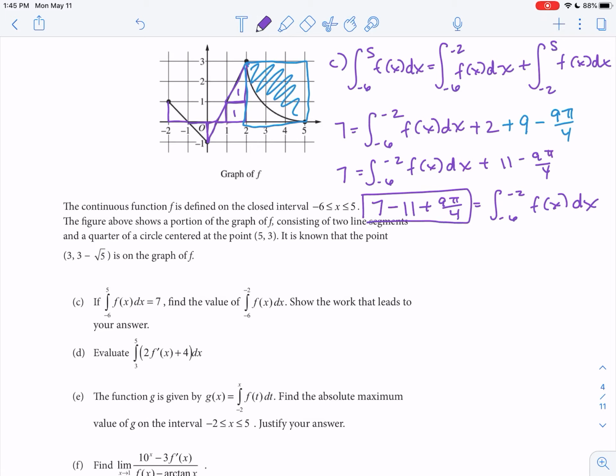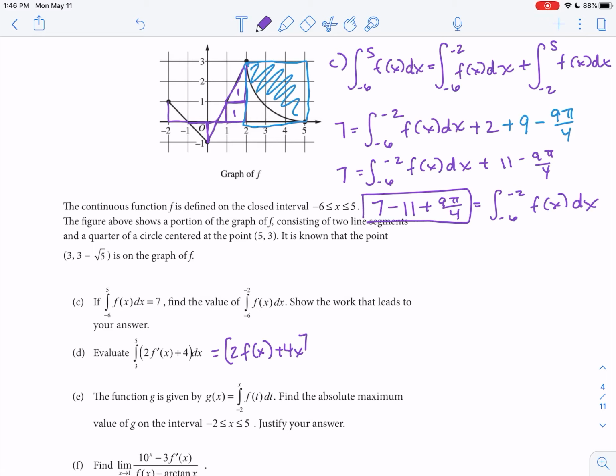Okay? All right, part D, evaluate the definite integral from 3 to 5 of 2 f prime of x plus 4 dx. Remember, two ways to find a definite integral, what we just did, area under the curve, or antiderivative, and evaluate. So in this case, I'm going to take the antiderivative term by term, which is 2 f of x plus 4x.